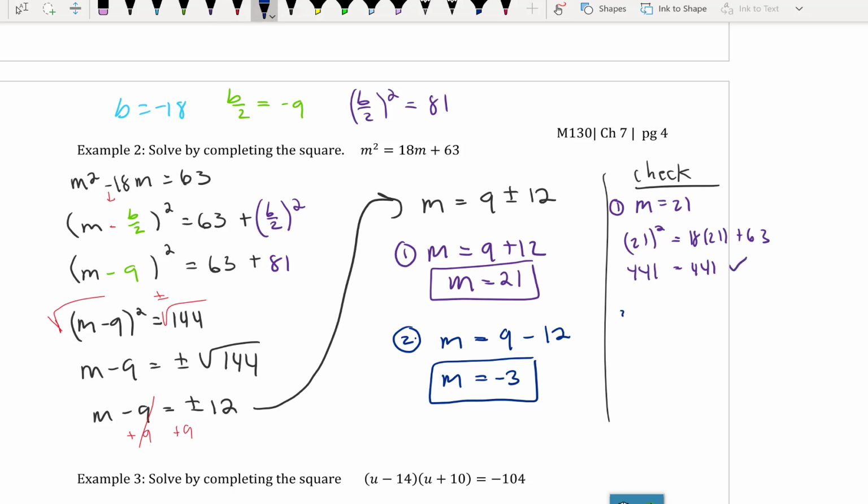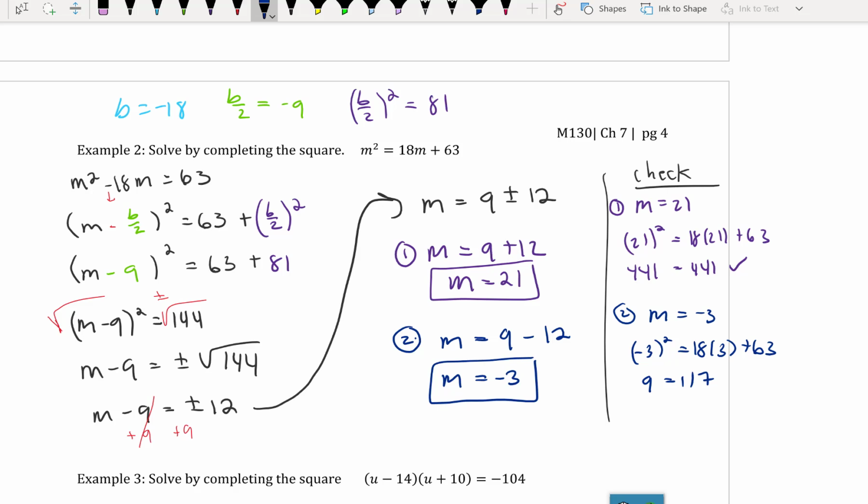Lovely. Now I'm going to check that m is equal to a negative 3. So negative 3 squared is equal to 18 times 3 plus 63. Well, negative 3 squared is 9, and 18 times 3 plus 63 is equal to 117. So look at your answer for number 2.